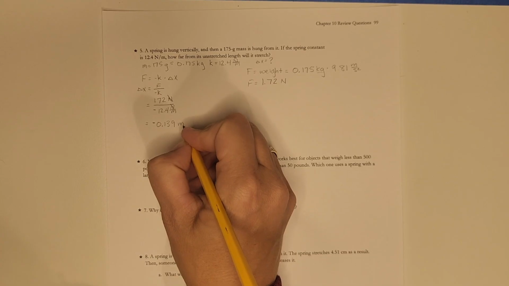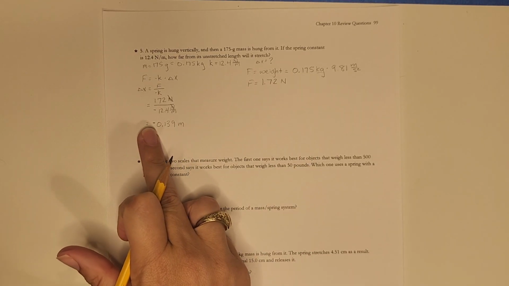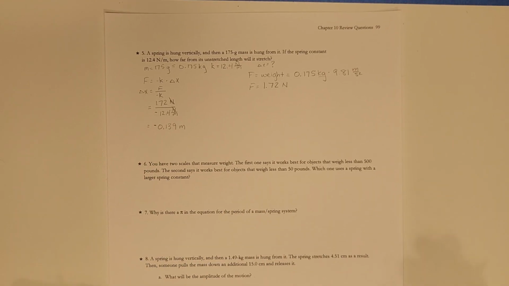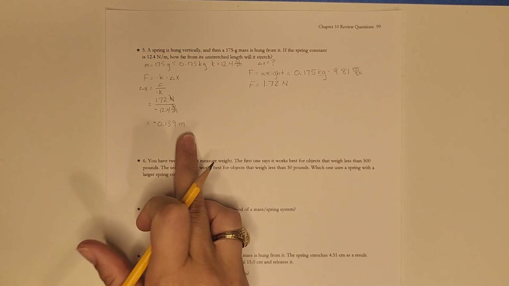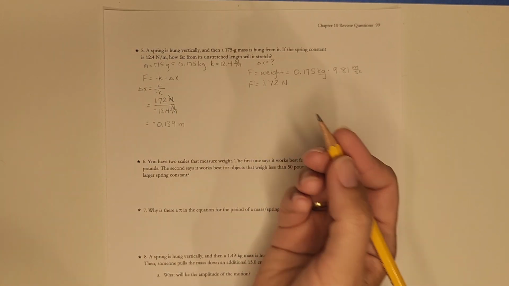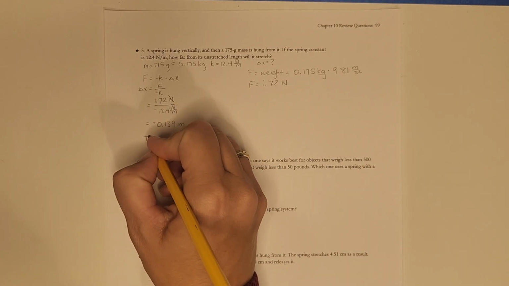and we will get negative 0.139 meters. Now this negative makes a lot of sense because when we are hanging something down from the bottom of a spring, the displacement is going to be down or negative. And so we have this exactly right. However, when we write out the answer, we don't need to have that negative.